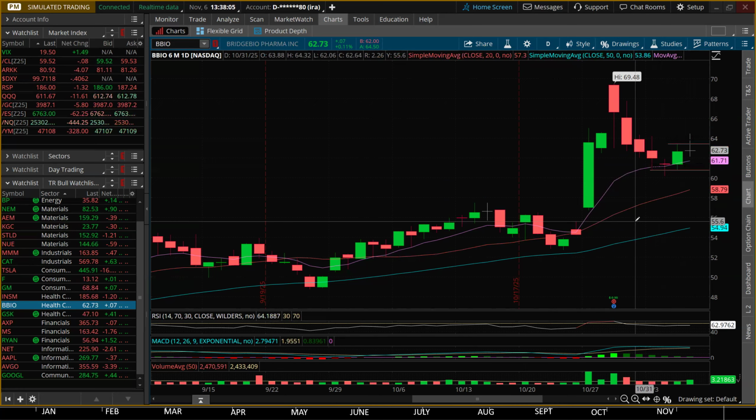Okay. Now, targeting. How many targets do we need to determine whether or not this is a good trade? Two. Okay. Now, in any pullback situation, the swing trader is going to target T1 at the first resistance level.